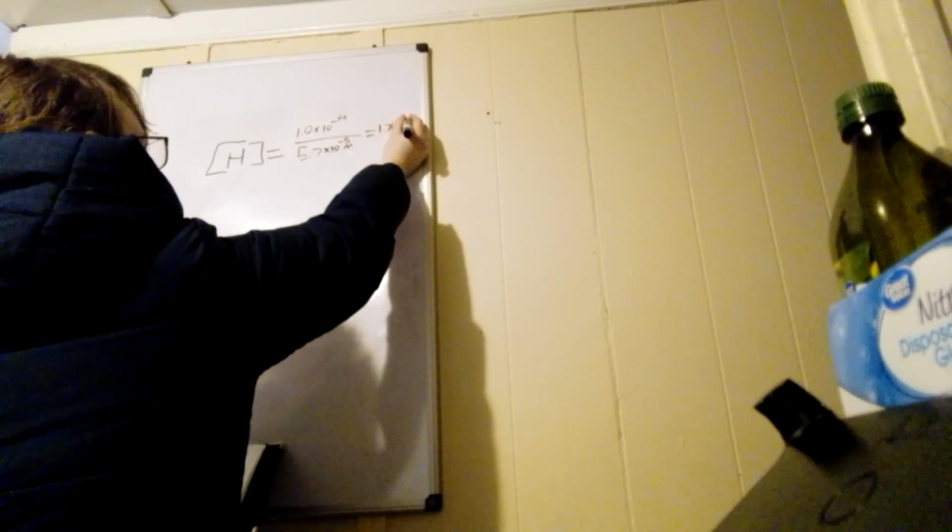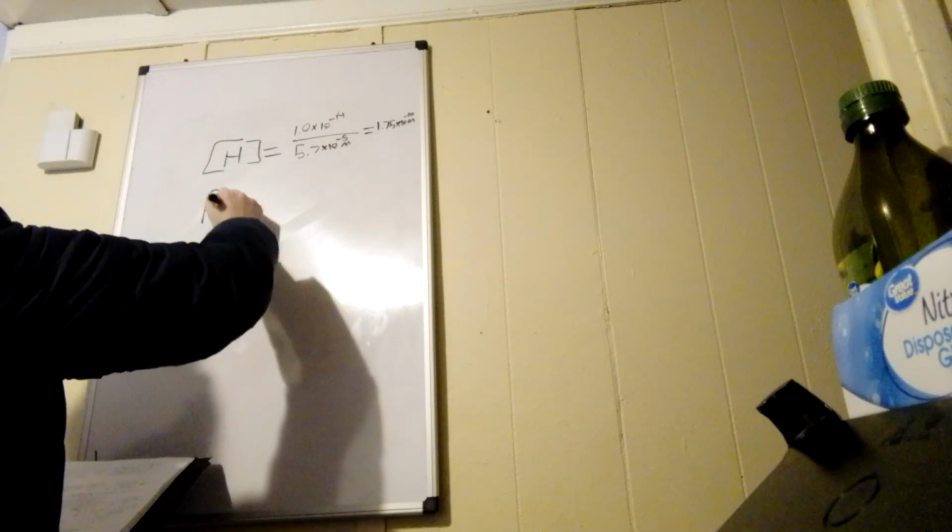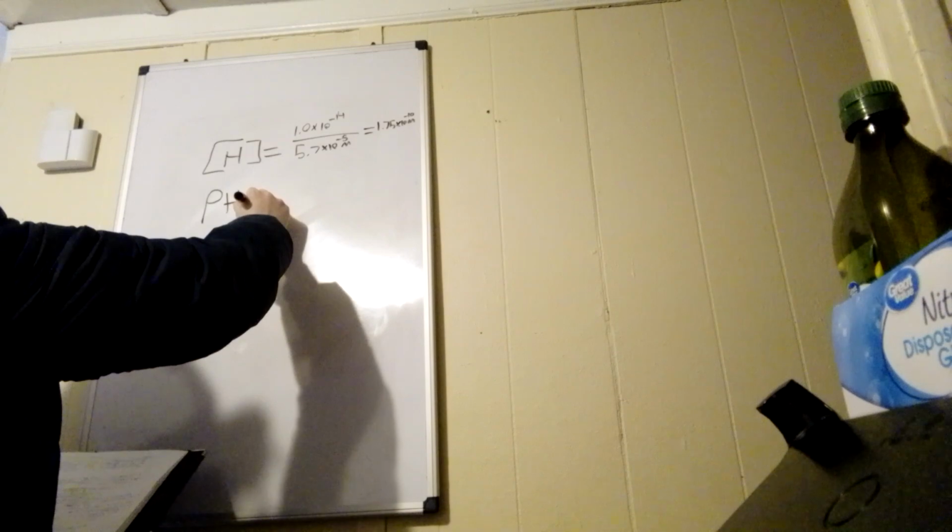which gives us 1.75 multiplied by 10 raised to the negative 10. Make sure you add your concentration. So, since we found our H, we can solve for our pH, which is set up like this, like the beginning problem, negative log, and then we just plug in our H here.